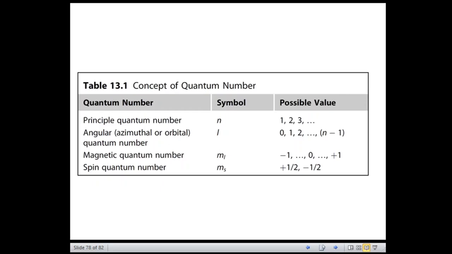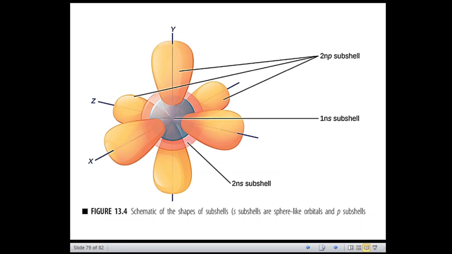The orbital angular momentum quantum number, which is represented by the symbol L, gives information on the shape of the orbital and the number of angular nodes. Then we have the magnetic quantum number, which is represented by M, and the electron spin quantum number, which is represented by S. So in brief, the quantum numbers give the following information.